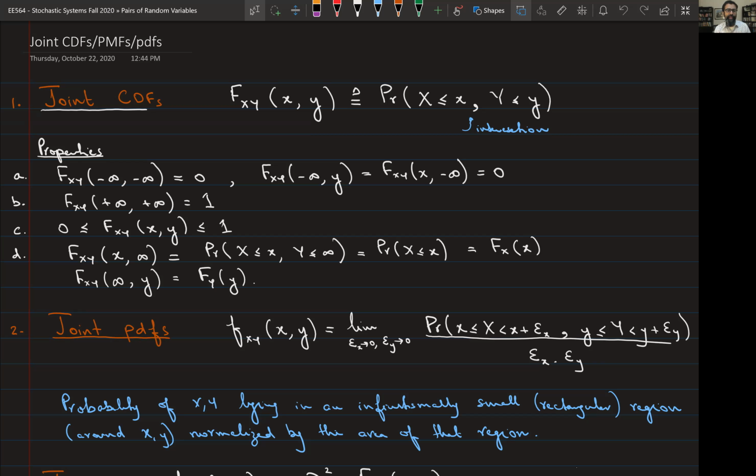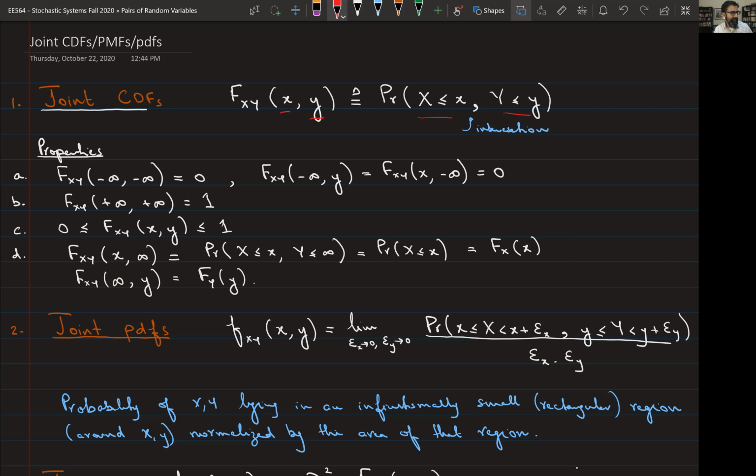So the joint CDF of two random variables, capital X and capital Y, is a two-dimensional function evaluated at small x and small y, and is defined as the probability that X is less than or equal to small x, and Y is less than or equal to small y. So this is the definition of the joint CDF.